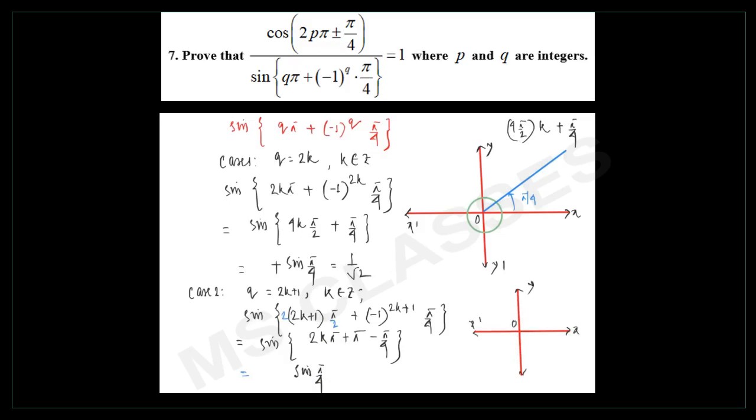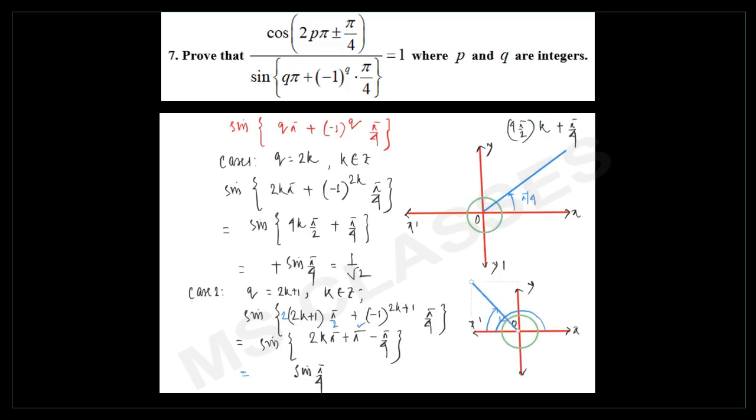Now here k times circle. 2k pi means 2 pi means complete circle, k means k times. After that you will return to the initial line. From initial line again you have to go pi and declare minus pi by 4. Minus means clockwise. So the angle terminates where?